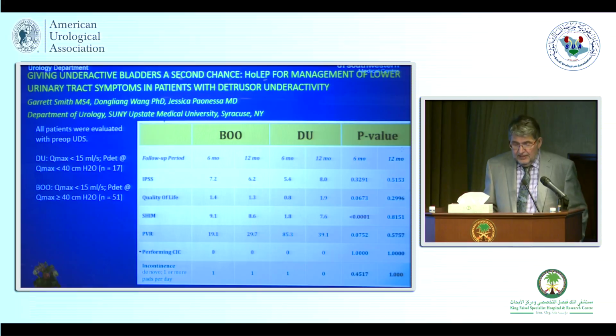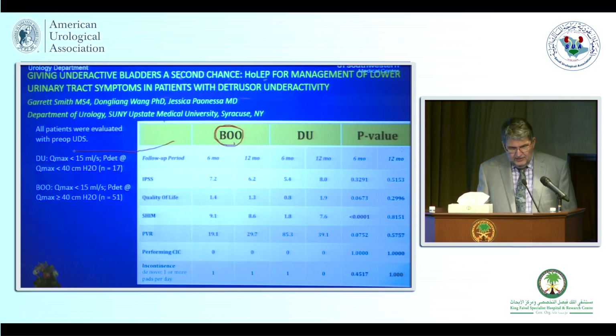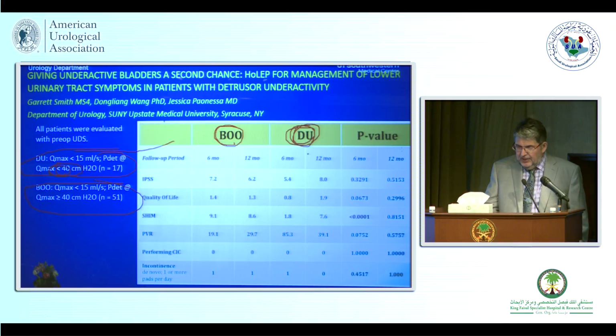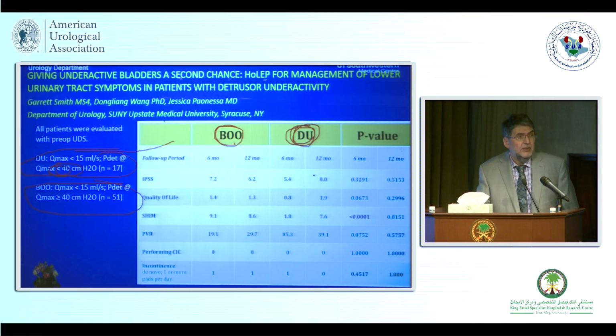That's it? And so they set out and they said, well, what happens if you take patients with documented obstruction, defined here, very classic, BOOI of 40, versus patients with diffuse detrusor underactivity, very classically defined. And they show that the patient with detrusor underactivity also recovered.